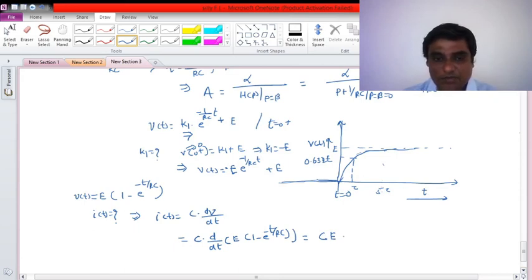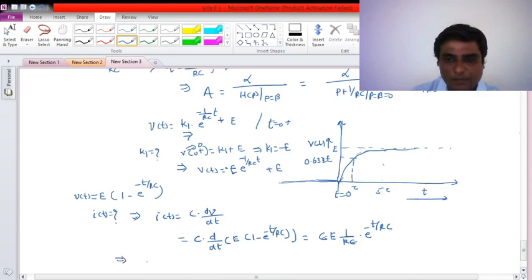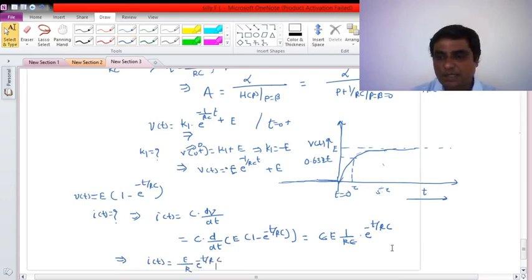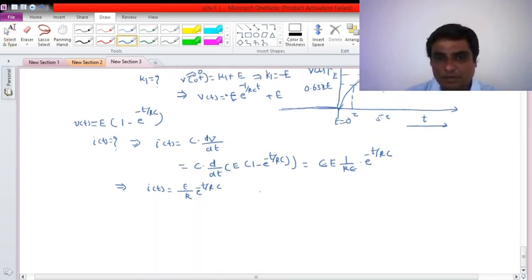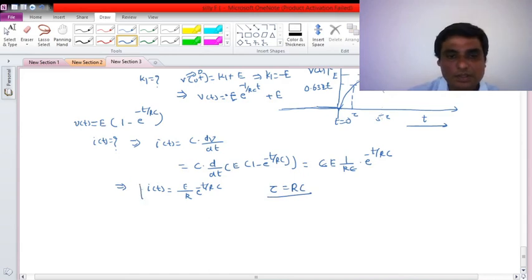So minus minus will become plus, so this will be 1 over RC into e raised to minus t by RC. So this C will get cancelled, so my current through the capacitor will be E by R e raised to minus t upon RC, where the time constant was RC.